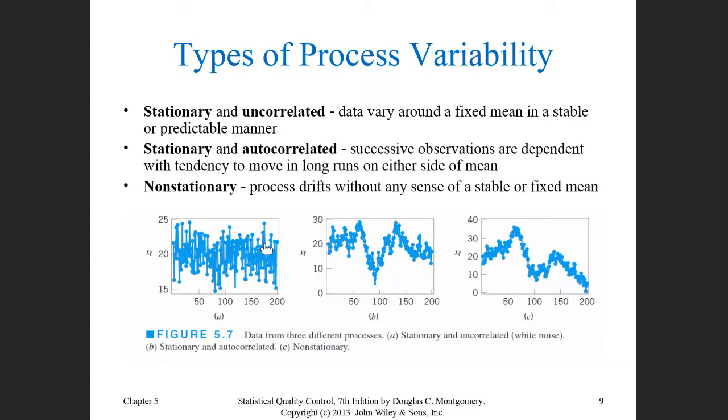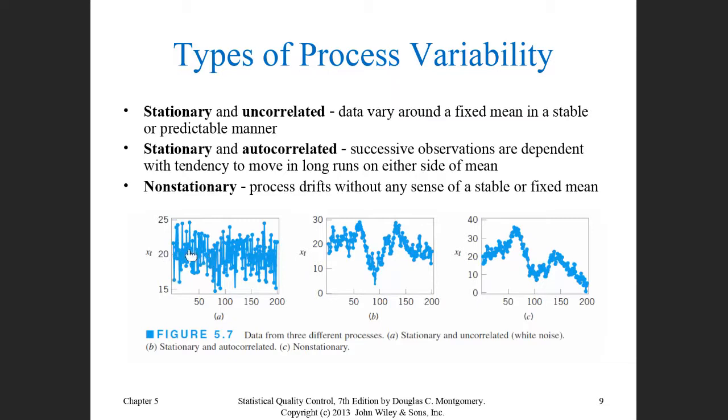The other type of variability, under the stationary, is the autocorrelated. The difference in the autocorrelated is that the variability doesn't appear only on one side, or in the same trend or the same pattern around the mean.